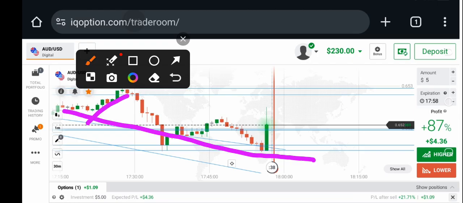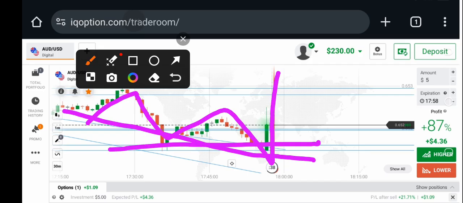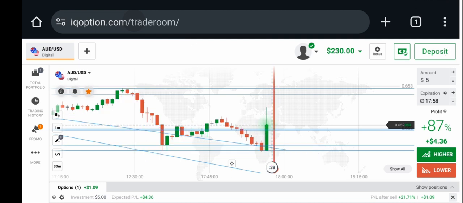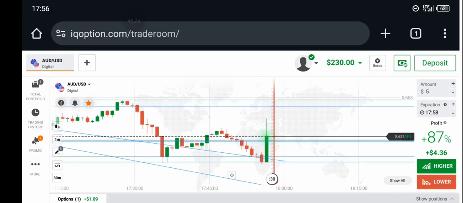After breakouts, the market worked as support again, and then we had our trend line support like this. I mean our horizontal line support. So you can see this is the reason the market shot up. Very strong buyers entered, very strong entry.